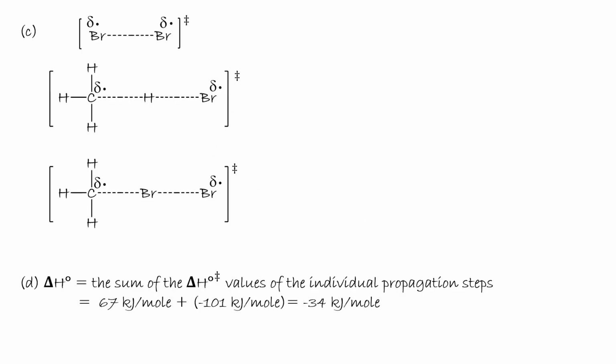According to Hammond postulate, this is the transition state of Br bond break, and each Br will be carrying a partial radical.